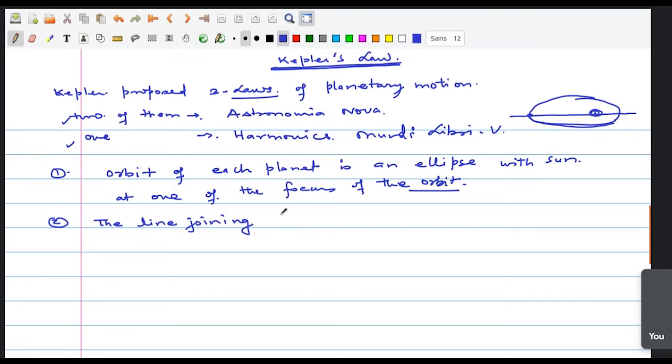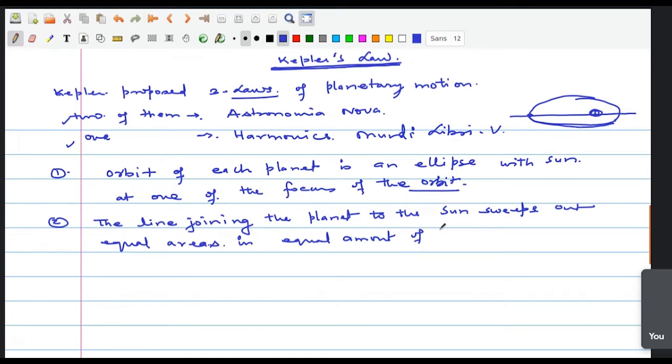The second law: the line joining the planet to the Sun sweeps out equal areas in equal amounts of time. That is, the rate of sweep of area is constant.